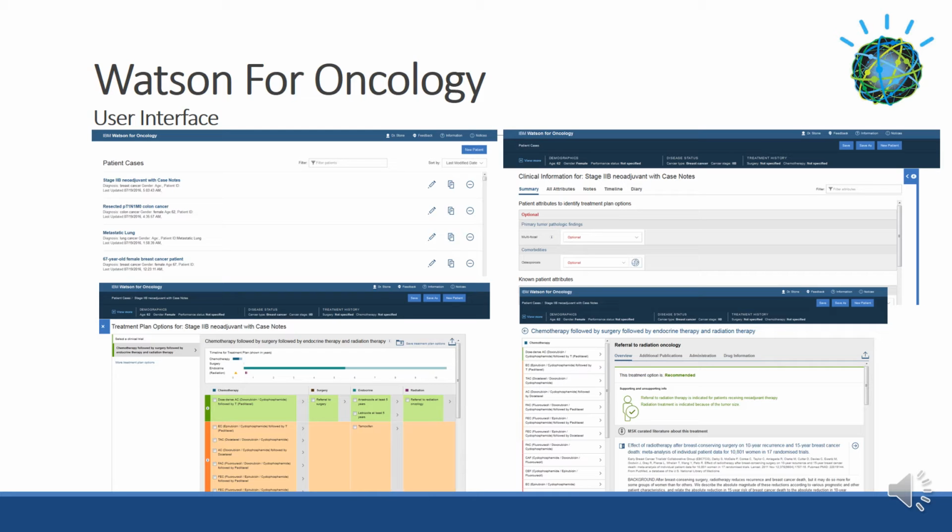And by clicking on, for example, that recommended option, we'll see on the photo on the right hand side, bottom right, the rationale behind why Watson has recommended this treatment. It gives the supporting evidence for that treatment that's been selected by Watson.